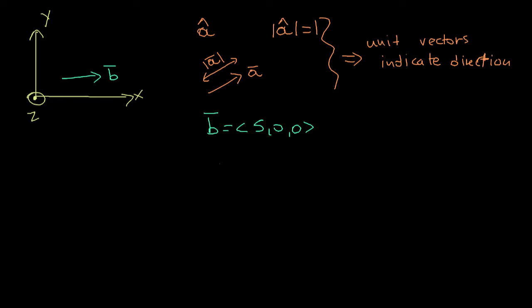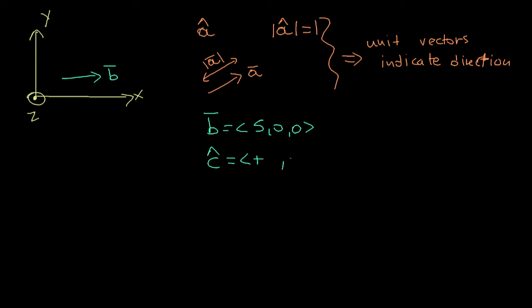So how can I get a unit vector that points in the positive x direction? The unit vector would have to point in the positive x direction, so it will have to have a positive x component.